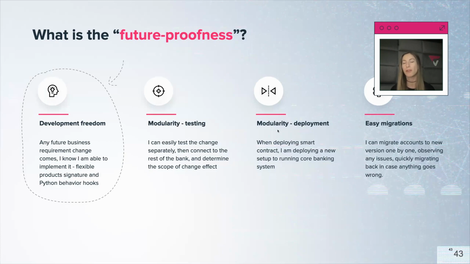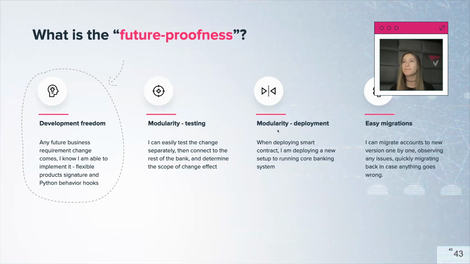The smart contracts, if you remember, are deployed as a configuration to the Vault core, and multiple smart contracts can coexist at the same time. So I will just add a new version, do it in a modular way, and test in the deployed environment that everything works before I take effect on the rest of the bank.